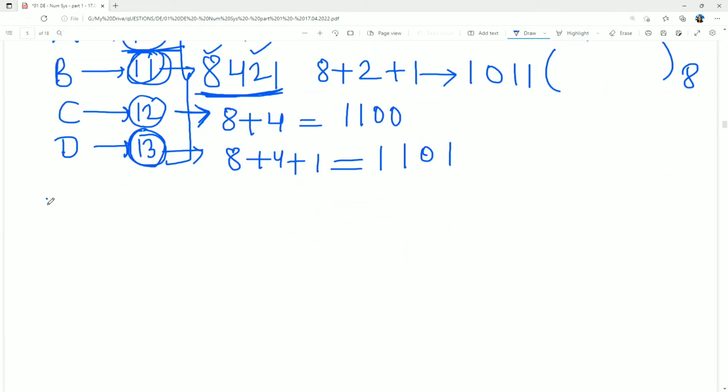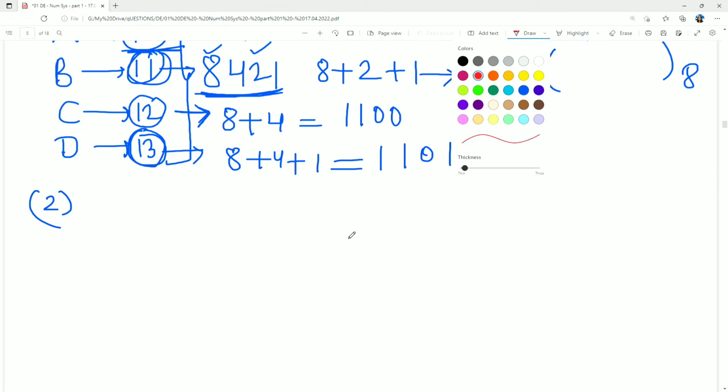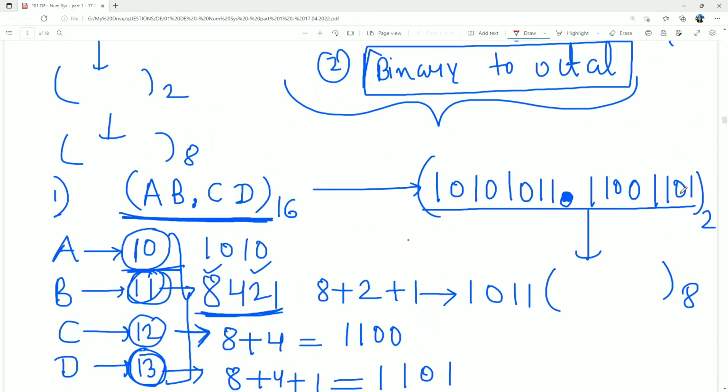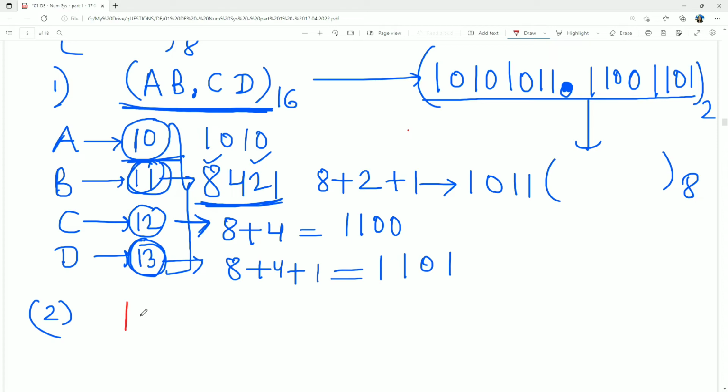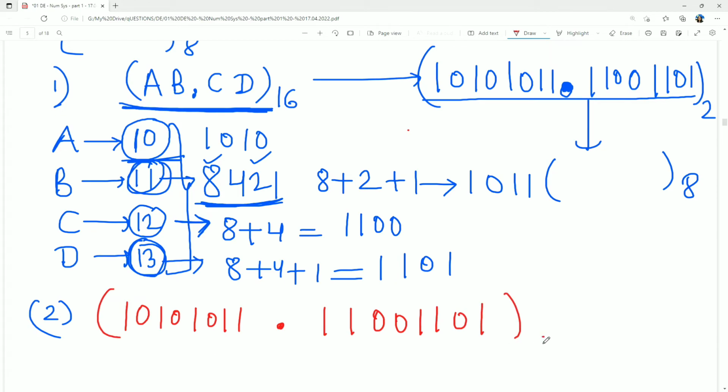See, as per the second step, I have a given number 10101011.110011101. This is the given binary number.